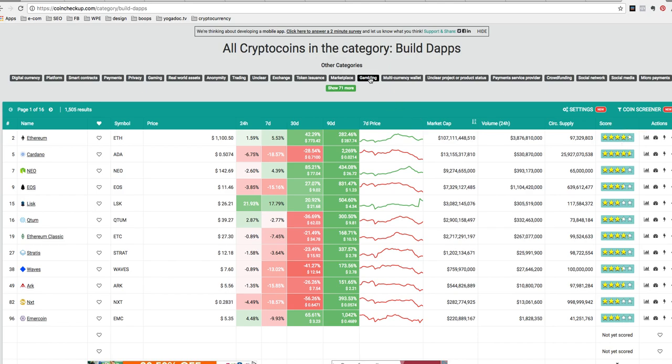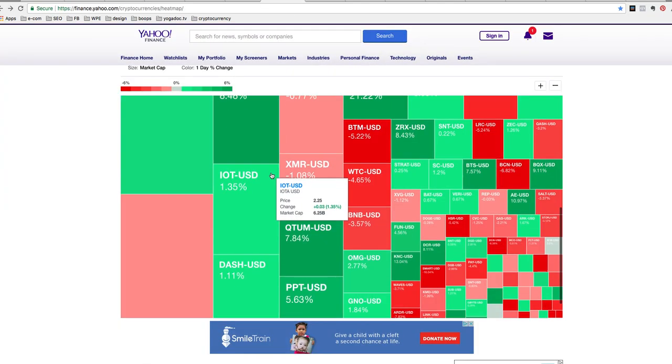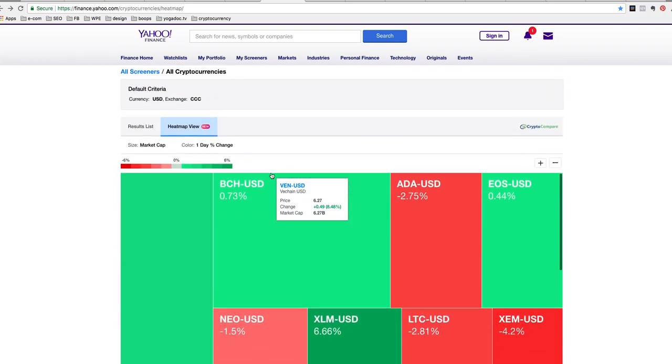But the main thing about Coin Checkup is these categories, which will allow you to assess categories relative to the overall cryptocurrency market and assess coins relative to their own category. It's not always useful to just look at which coin is up the most or which coin has the biggest market cap.